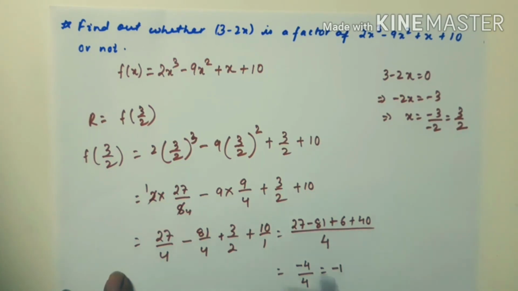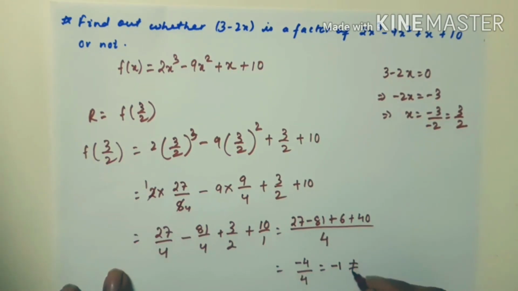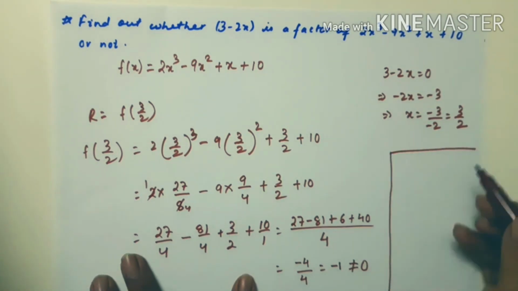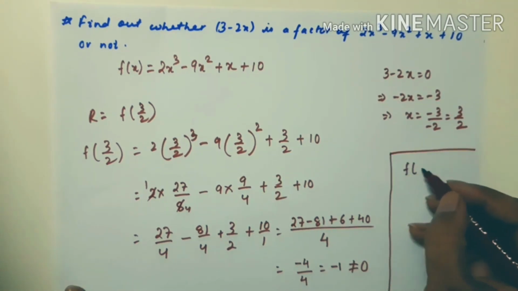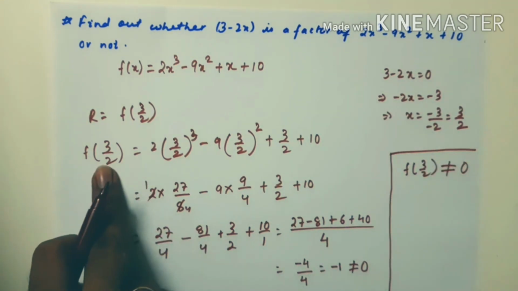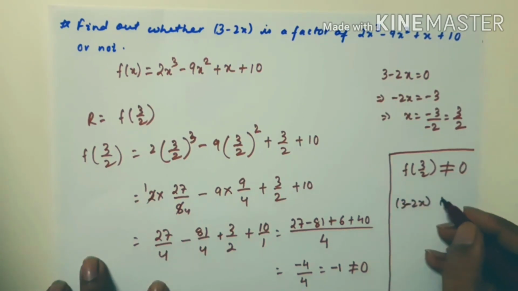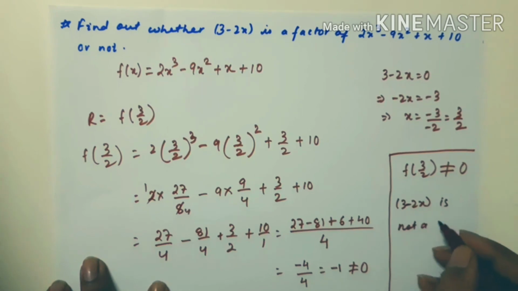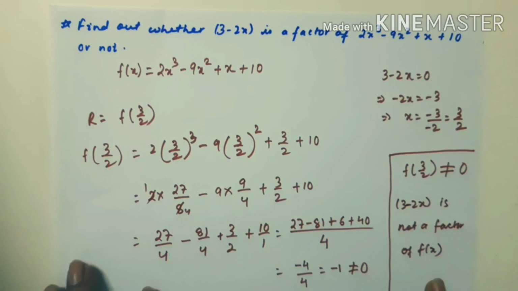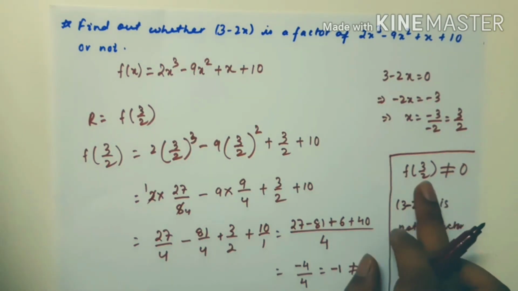So here we can see the remainder f of 3 by 2 is not equal to 0. By the factor theorem we can say now, since the remainder is not equal to 0, 3 minus 2x is not a factor of f of x, because f of 3 by 2 is not equal to 0.